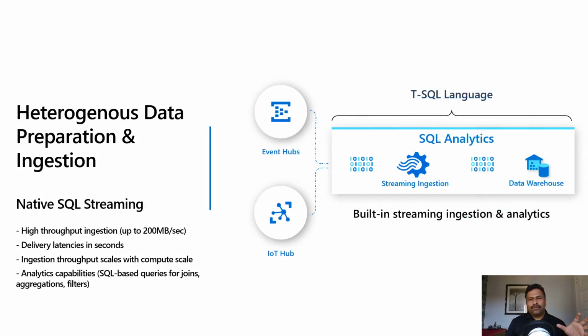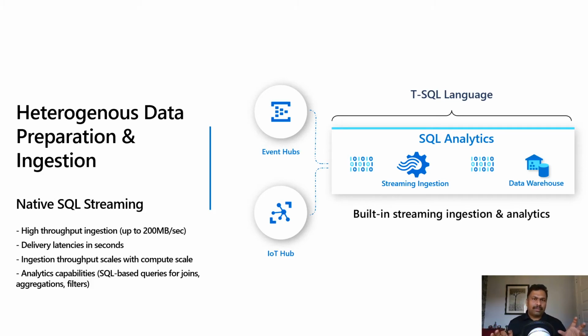So far we have seen how to process the data in batch. You also have the ability to process the data in real time using streaming technologies as well. On Azure, you've got Event Hubs, which allows you to seamlessly ingest data in real time from your applications.